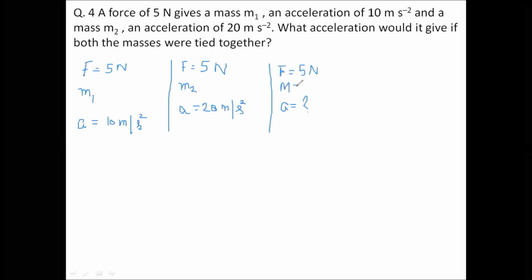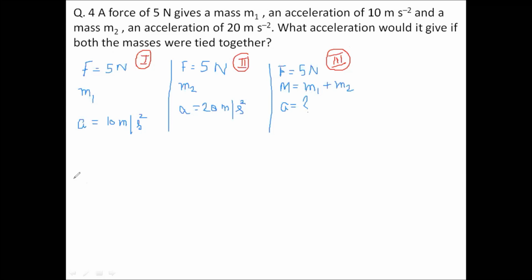If we tie both the masses, the total mass will be m1 plus m2. Then what would be the acceleration? So this question has three parts: part number 1, part number 2, and part number 3. First we calculate m1 with the help of the formula F equals ma.